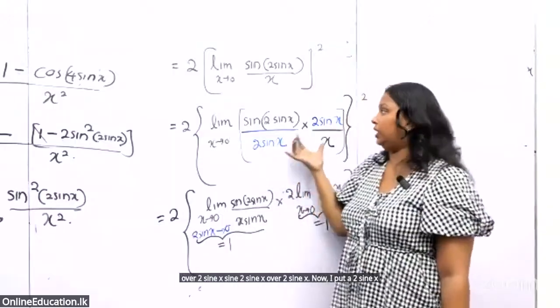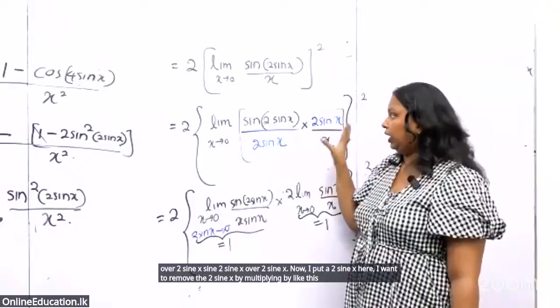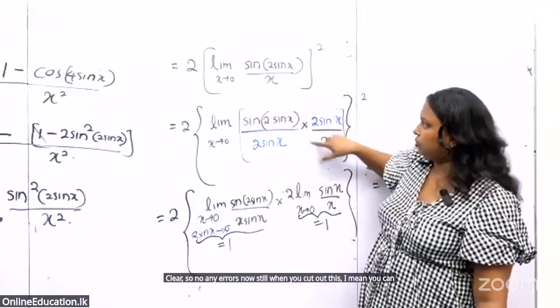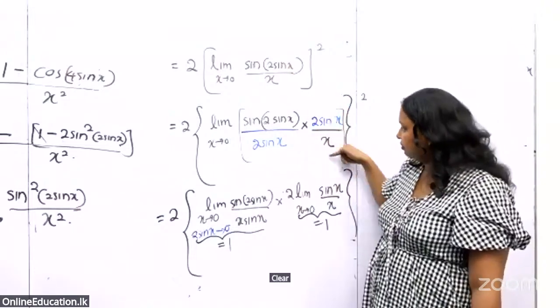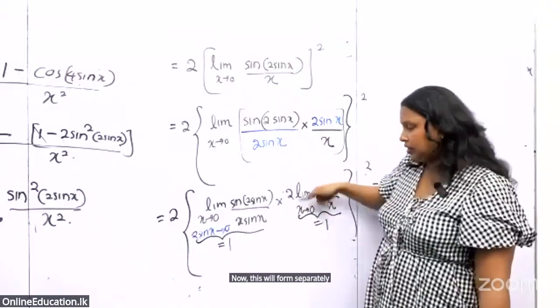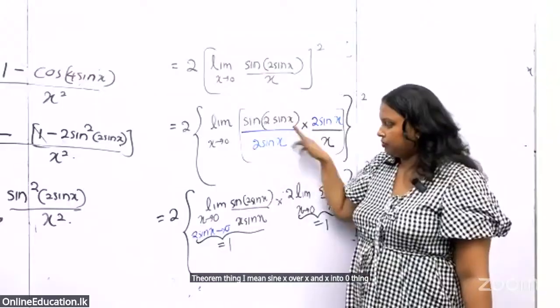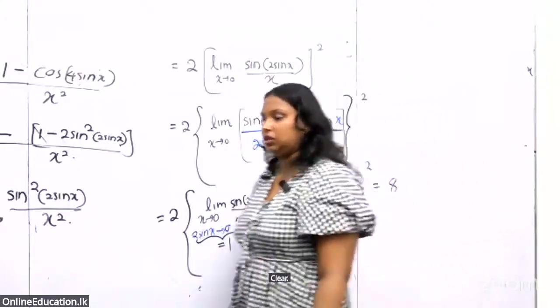I want to remove the 2 sine x by multiplying like this. Clear? So no errors now. When you cancel out these things, you will do the same previous step. That's it. Clear? Now this will separately form this theorem, I mean sine x over x as x tends to 0. And this one also we can form the same thing. Clear? So just target your answer.